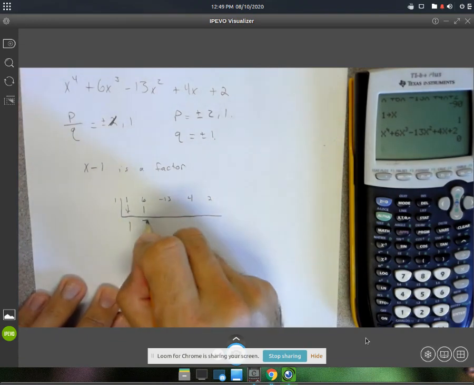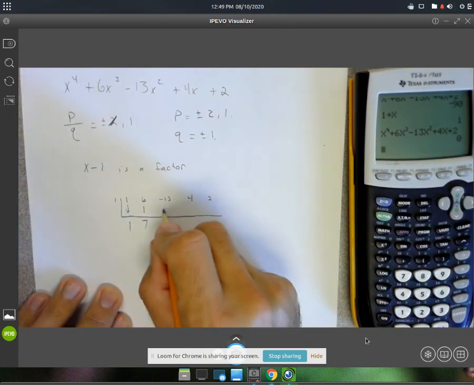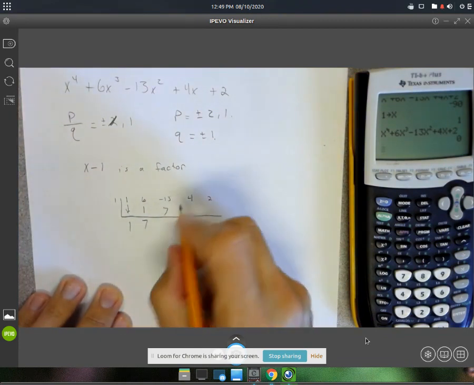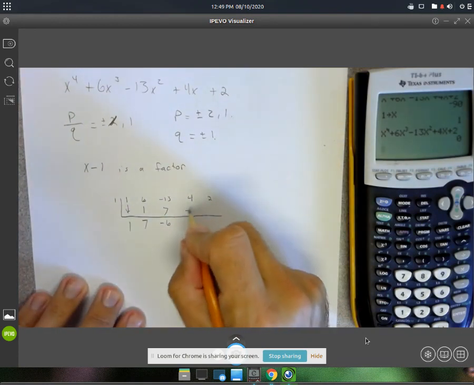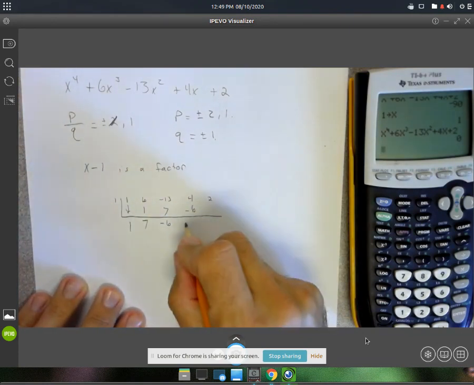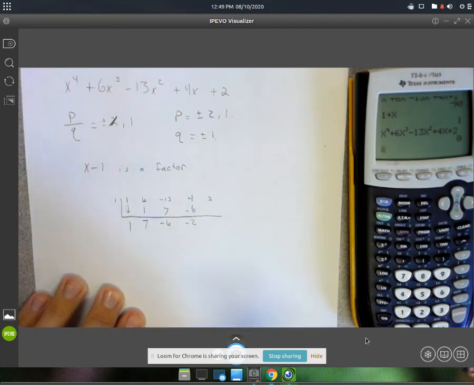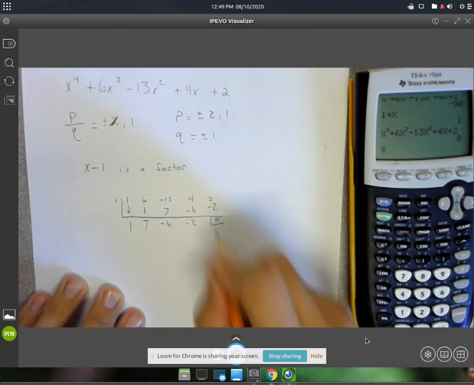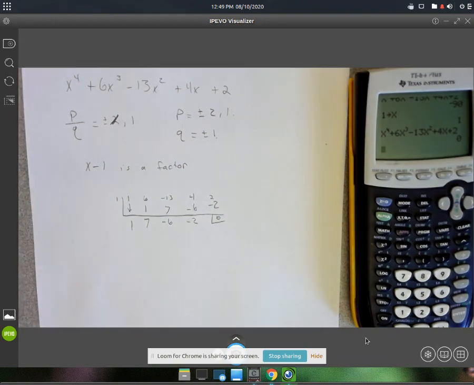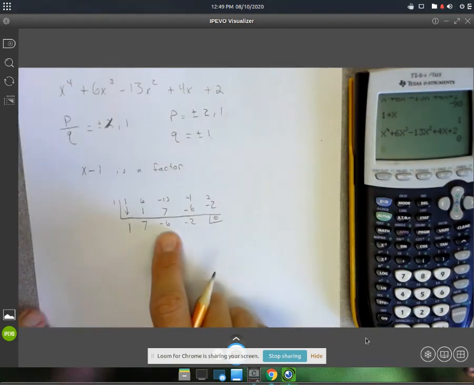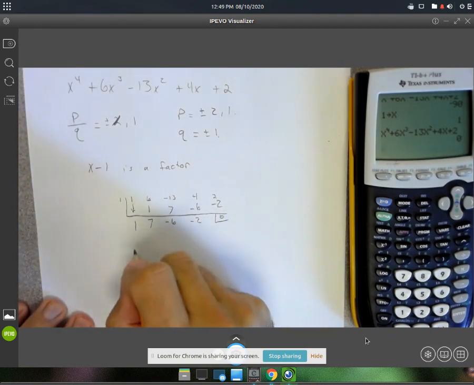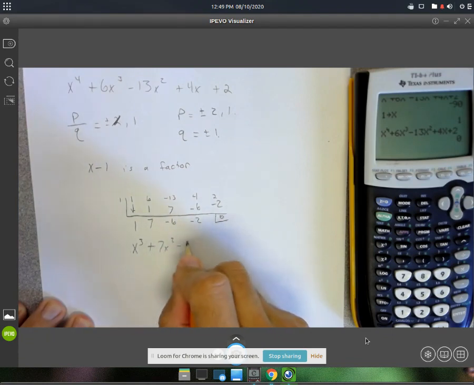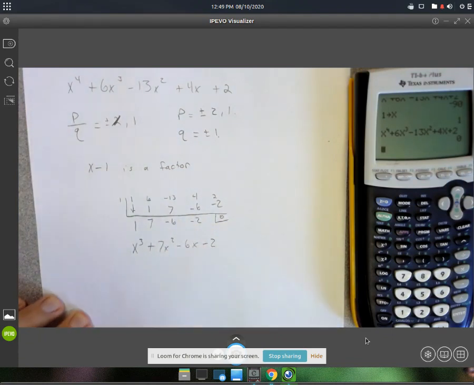Add those up, 7. 1 times 7, 7, add those up, negative 6. 1 times negative 6 is negative 6, add those up, negative 2. Multiply those, negative 2, and a remainder of 0. Good. So this is my new polynomial. I started with something to the 4th. This is going to be to the 3rd power. So x to the 3rd plus 7x squared minus 6x minus 2.